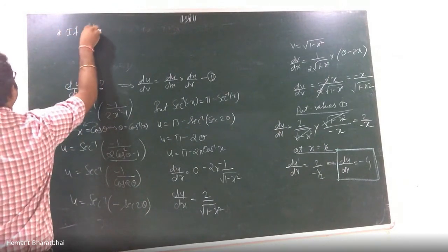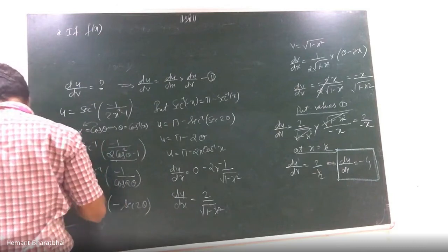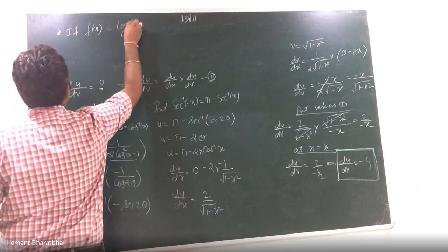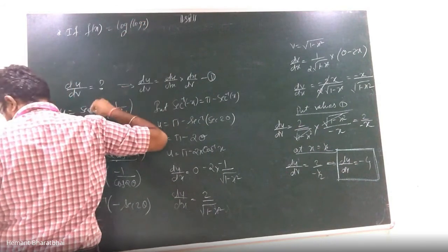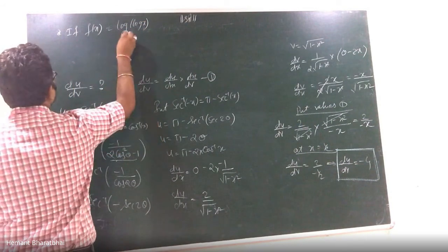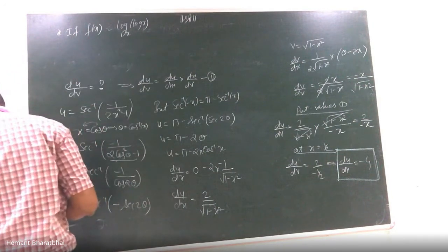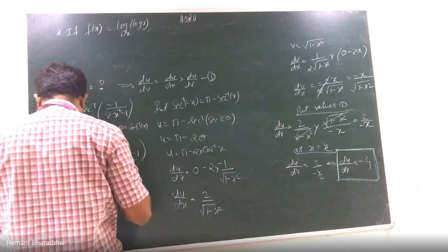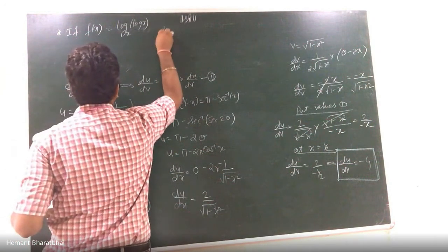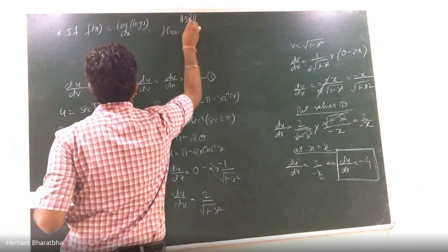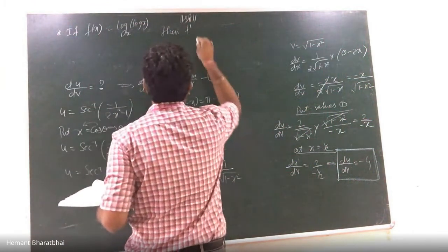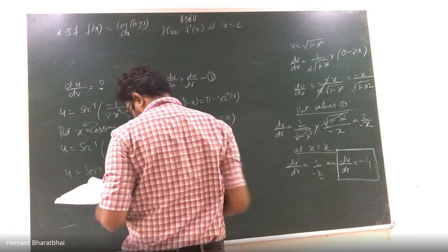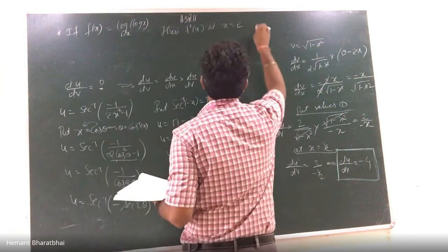F of x is equal to log of x to the base x, then f dash of x at x is equal to e is.